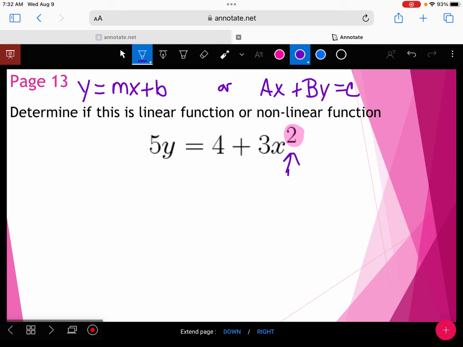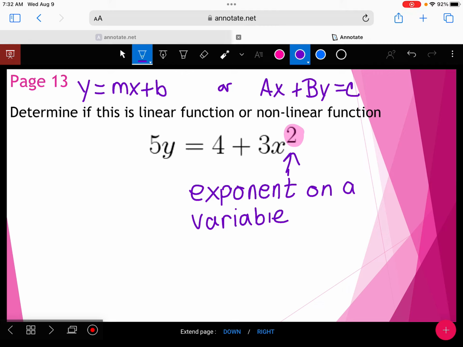So if we have an exponent on a variable, then it is nonlinear.